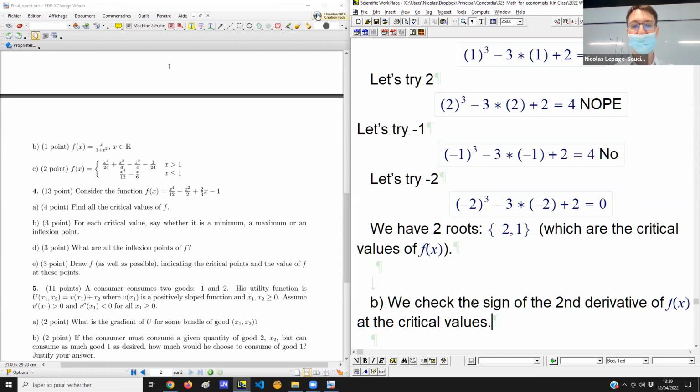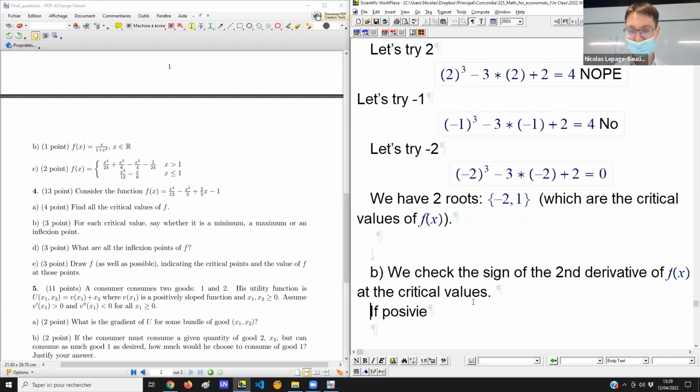So if positive, it means that I have a minimum.